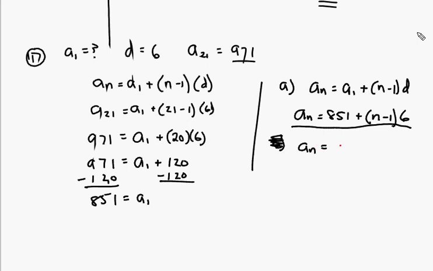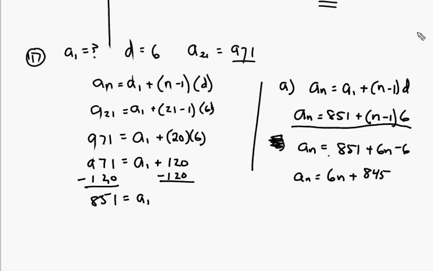A sub n is equal to 851 plus 6n minus 6. A sub n is equal to 6n plus 851 minus 6, which is 845. Okay, so I would probably say either one of those would be an okay answer.